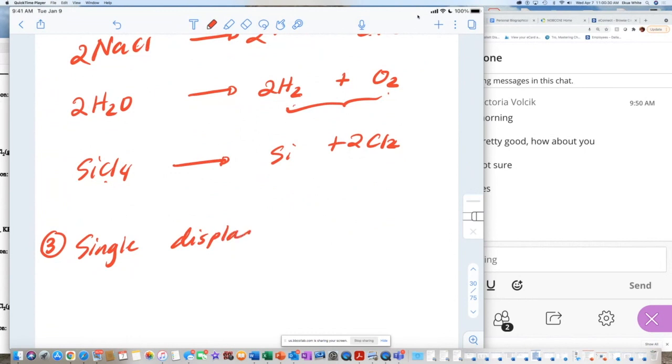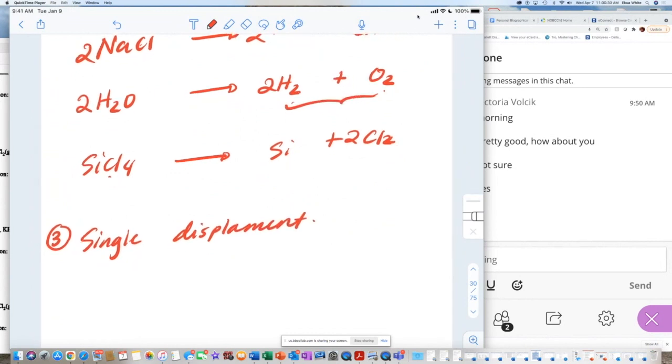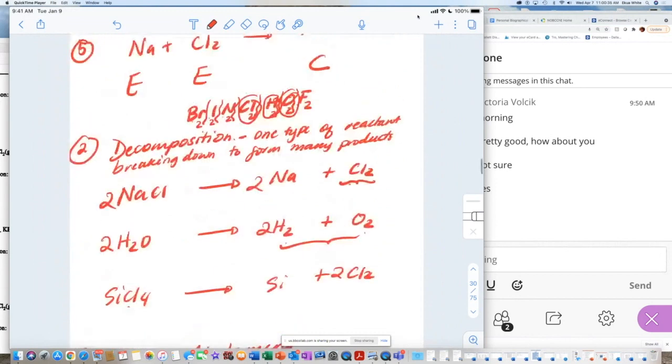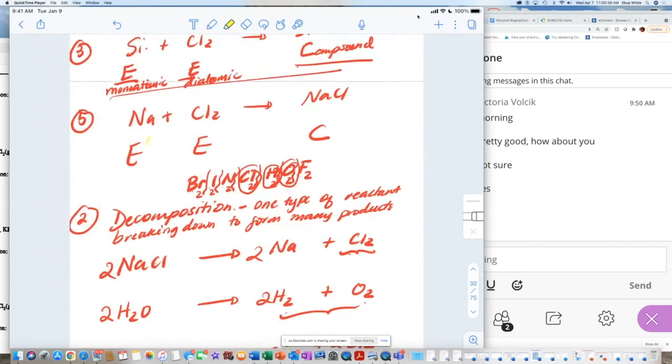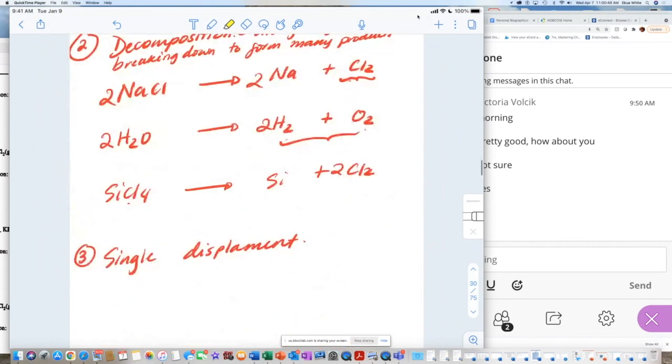I gave you a format earlier, right? Let me highlight. This is the format. Element plus element to give you compound, like a template. Here, I should say compound breaks down to element plus element. Sometimes it can also give you a compound, but if it does, it's always a smaller compound. So that's kind of the template, right? Compound breaks down to give you element and element, and if it does give you a compound, it gives you a small compound.